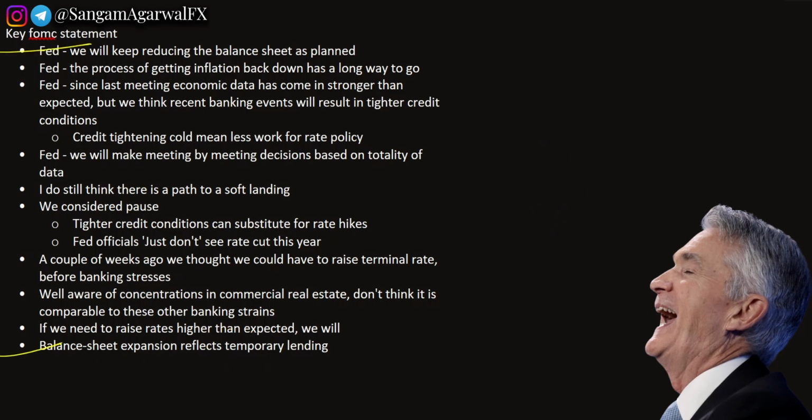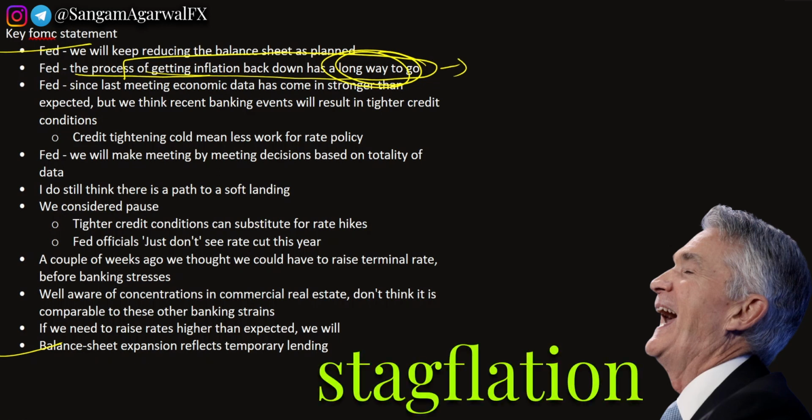And another statement from the Fed was that getting inflation back down has a long way to go. And he is repeating this line, long way to go, many times, because this is a stagflation cycle, and if they really want inflation back to the 2% target, it will take many years, something like 2030.